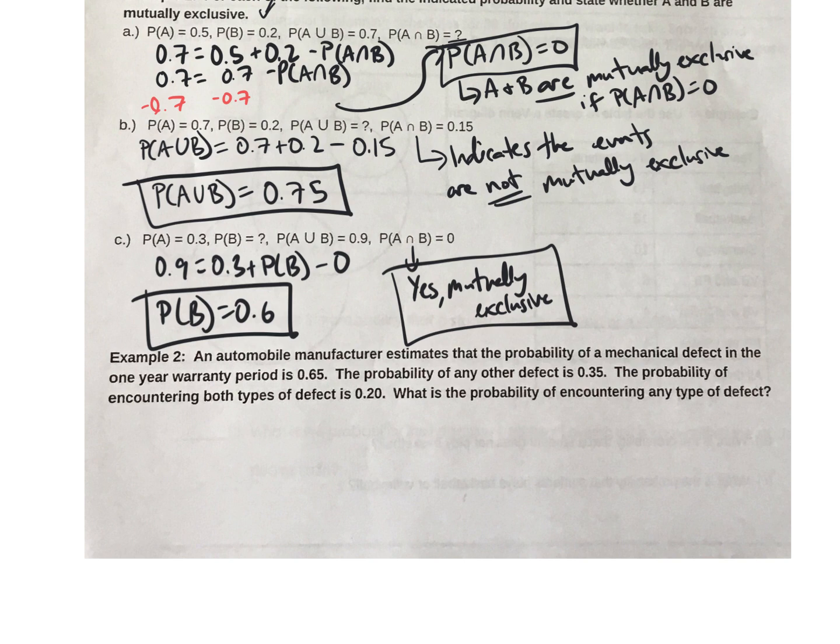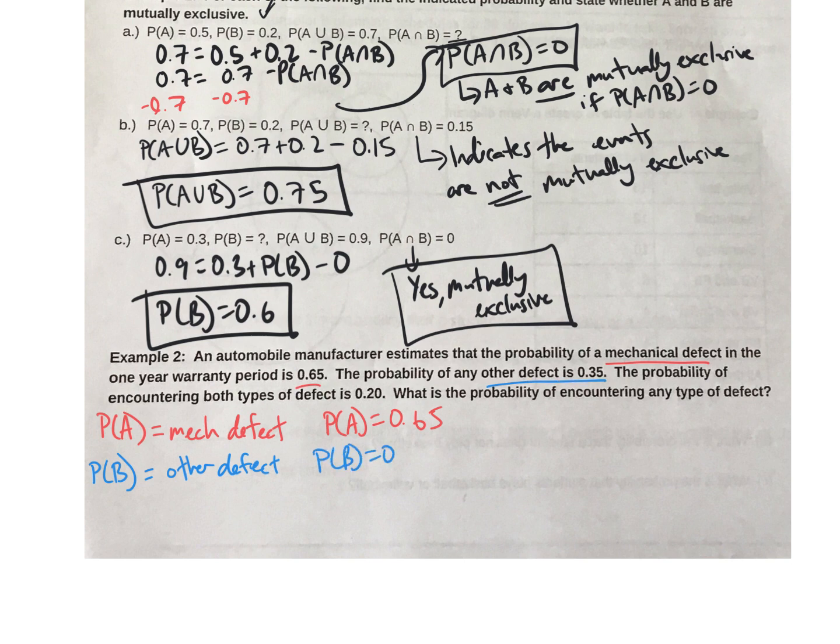So let's kind of list out what we know. We are told the probability of a mechanical defect is 0.65. Let's let A, the probability of A, represent a mechanical defect. So we know the probability of A is 0.65. Let's have the probability of B represent the other defect, which we know is 0.35.